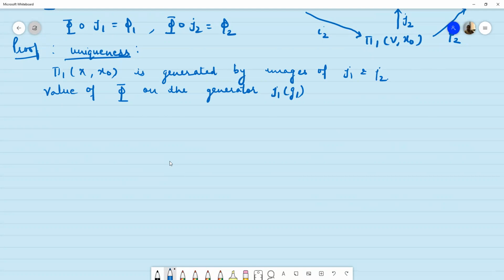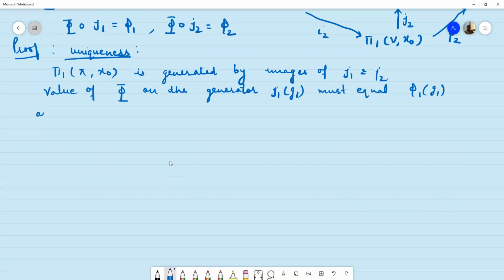That means each generator of an element of pi 1 of X, x naught is of the type J1 G1 and J2 G2. So if we take the value of phi on the generator J1 G1, then that must equal phi 1 G1, because we are given that phi 1 circle I1 is equal to phi 2 circle I2.